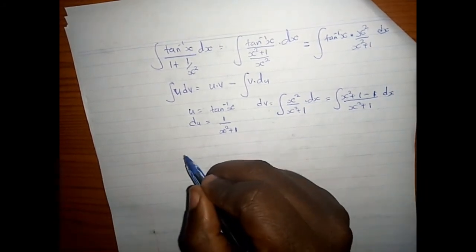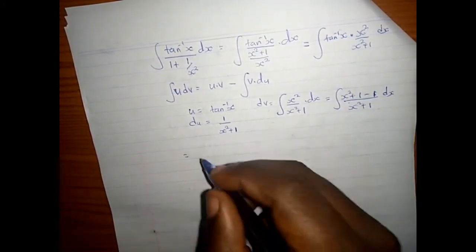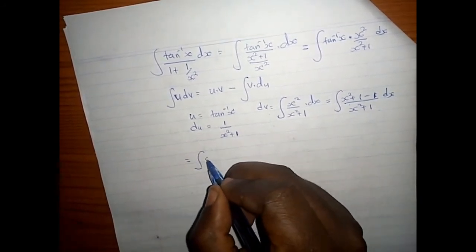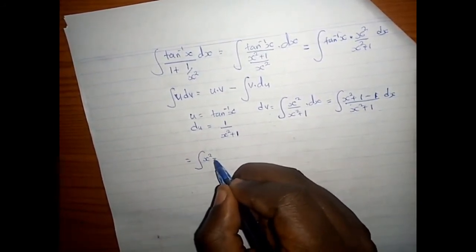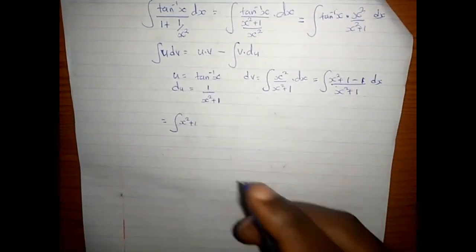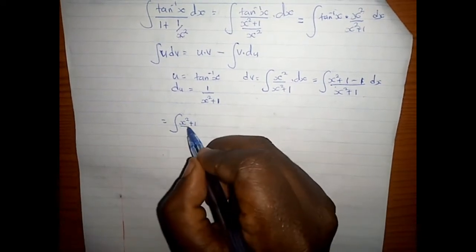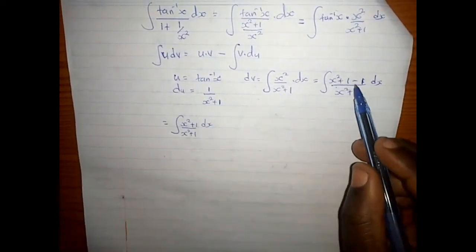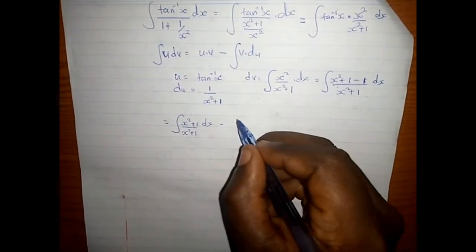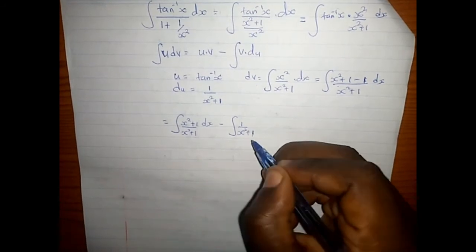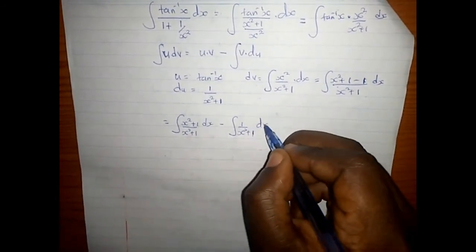Then afterwards it will become x. I'll separate the two expressions, whereby the first one will be (x squared plus 1) out of (x squared plus 1) dx, minus the integral of 1 out of x squared plus 1 dx.